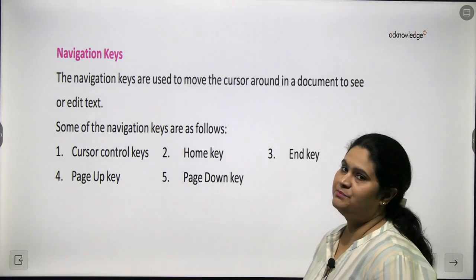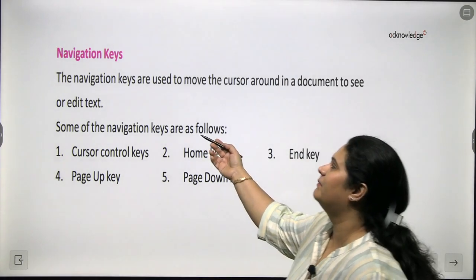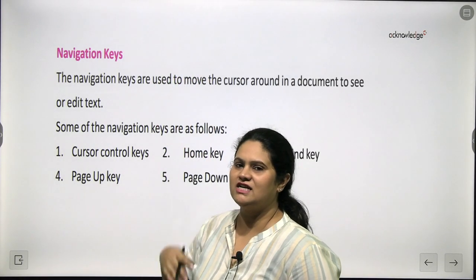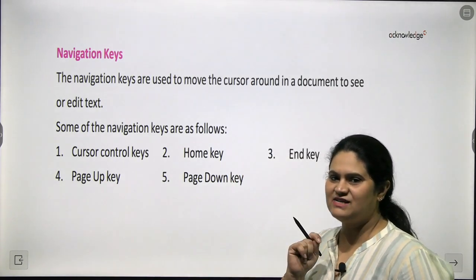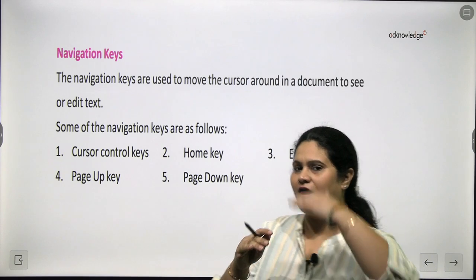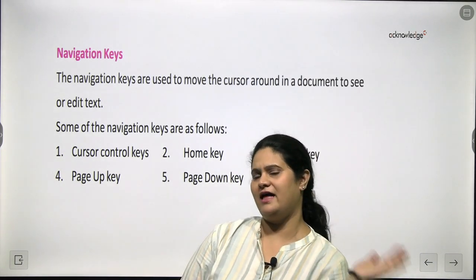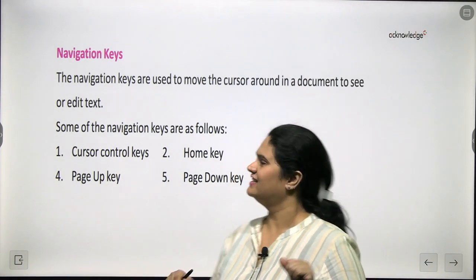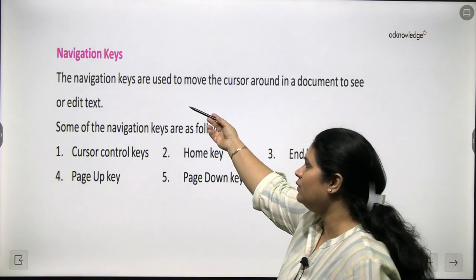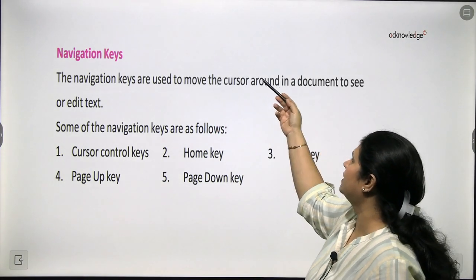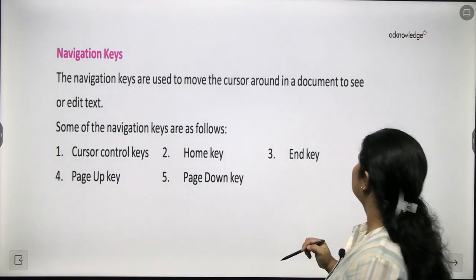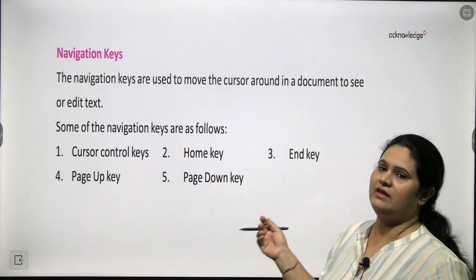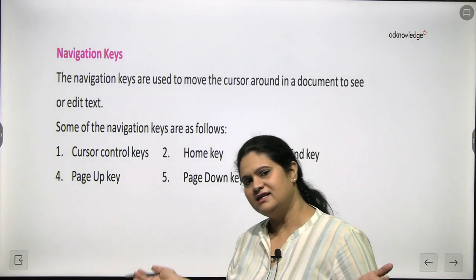Now, in our previous class also we studied about the navigation keys. What are these keys used for? Correct. We use them to move up, down, left or right. Right? So, these are used to move the cursor around in a document to see or maybe edit the text.